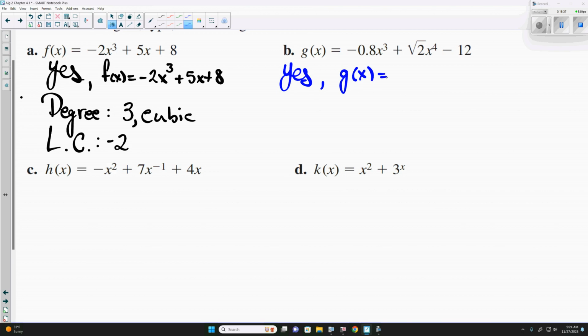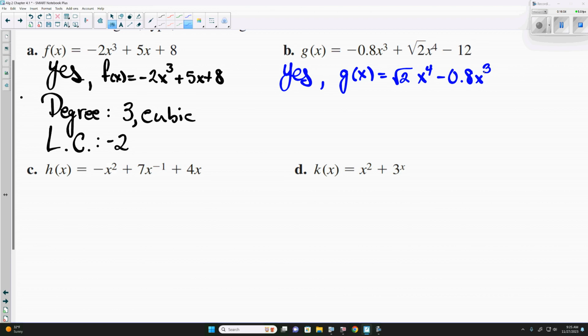So our first term would be negative 0.8x to the third, yes? What's the variable with the biggest exponent? Square root of 2 x to the fourth. Then our next term, negative 0.8x cubed, because our first one is x to the fourth.